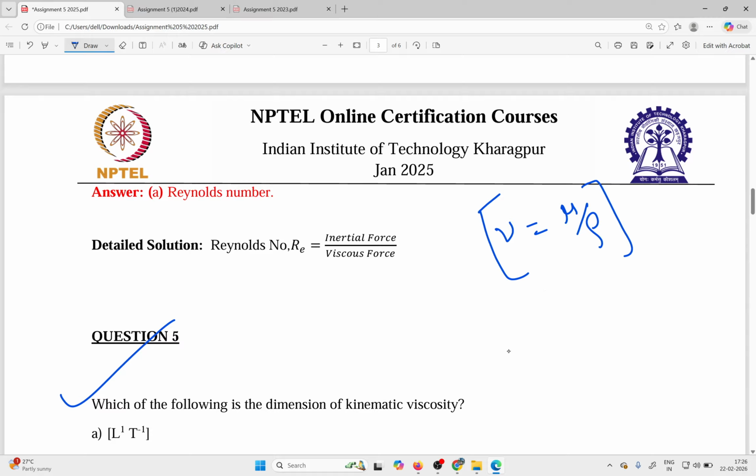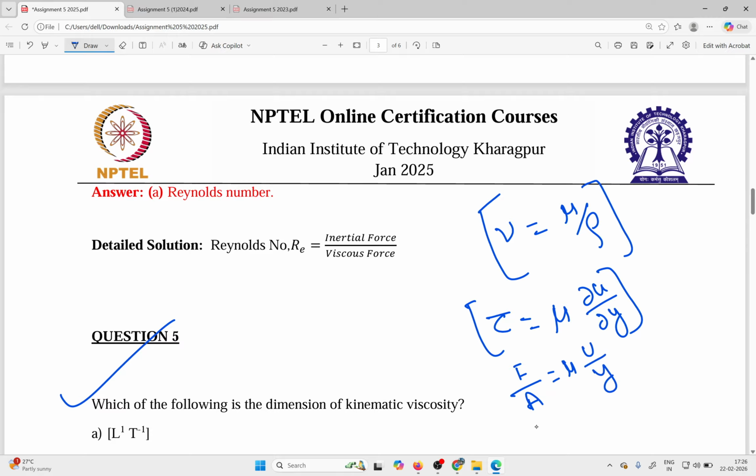Now, how will you calculate the dimensions? You know already the dynamic viscosity relation with shear stress is nothing but Newton's law of viscosity. So tau is equal to mu del u by del y. From here, tau is nothing but force divided by area. For the dimension analysis, I'll write mu u by y.